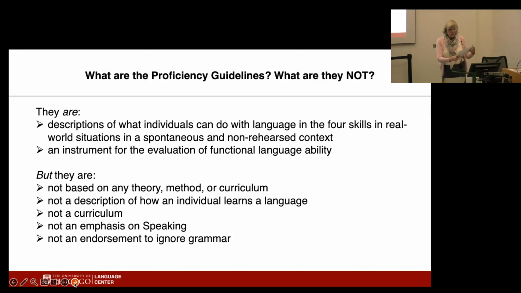And the guidelines are also not an endorsement to not teach grammar. I think because in the proficiency interview, we recognize that intermediate level speakers make errors. It's part of the description. That doesn't mean we shouldn't be teaching them grammar.